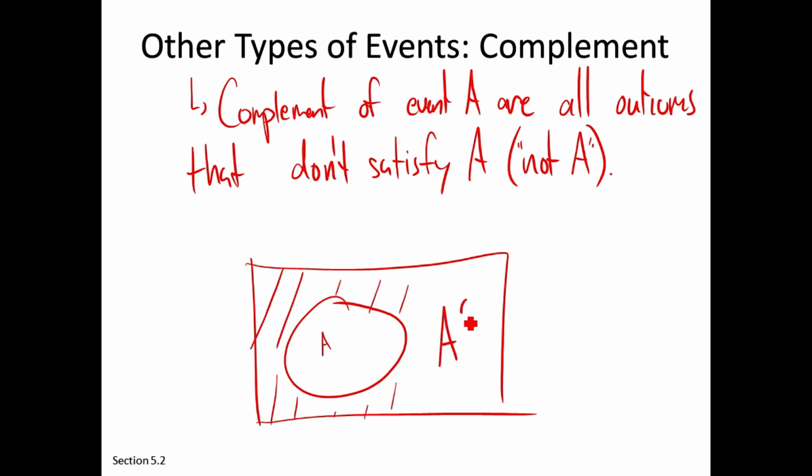The notation we use, at least in this book, is an A with a superscript or an exponent C, so A complement. It's everything outside the event.